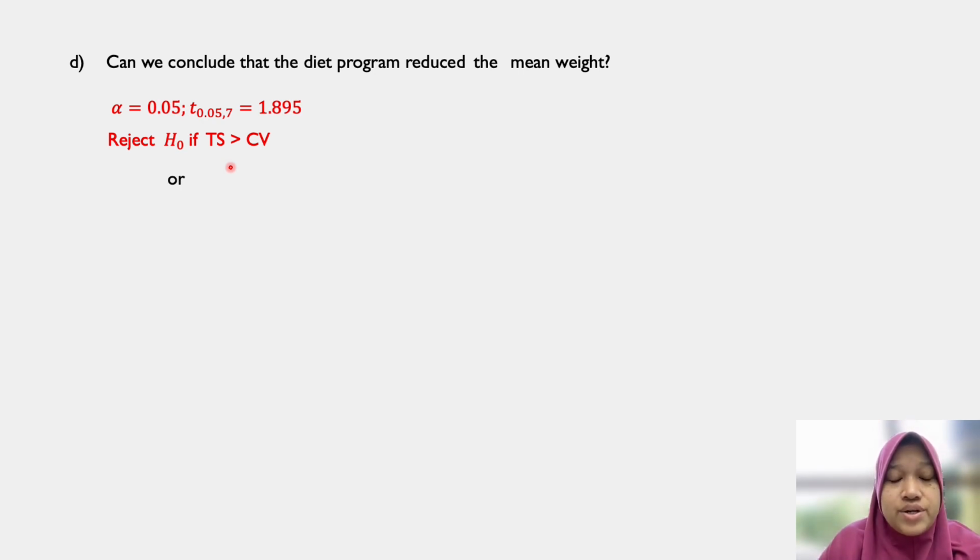Other than that, you can use the p-value approach, since you are given the p-value in the Minitab output. We can write the decision as: since the p-value equals 0.025, which is less than alpha equals 0.05, we can reject the null hypothesis.